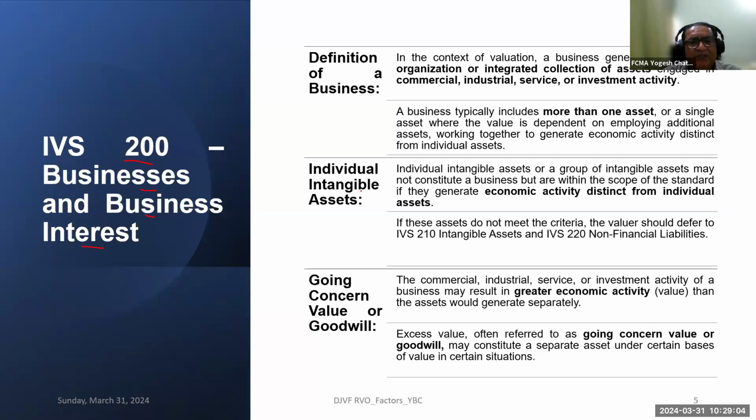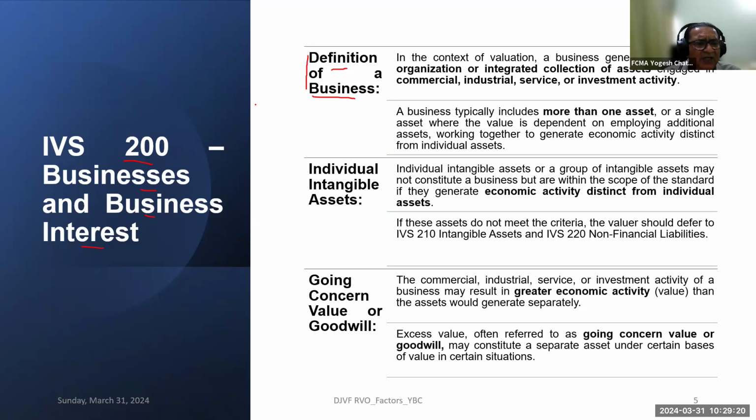So even for the purpose of equity valuation, the first thing we need to do is the valuation of the entire business. What is the definition of a business? We will start with that.